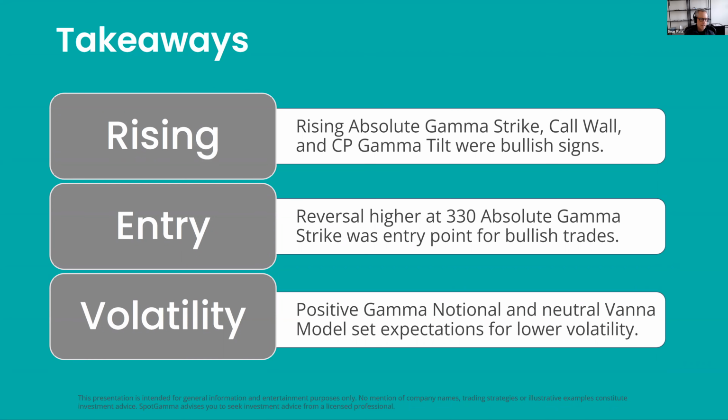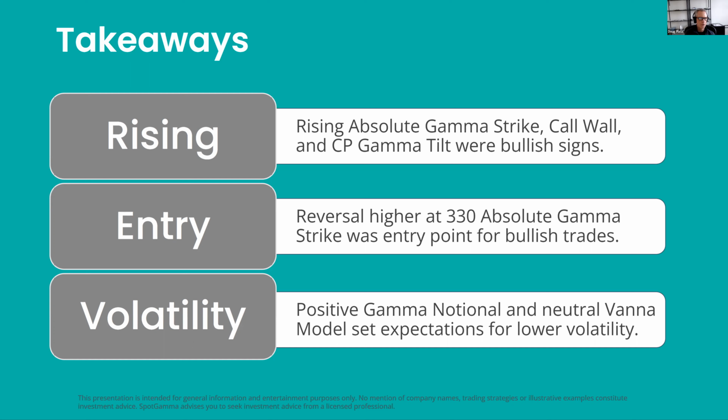So here are the key takeaways from this case study. First of all, the rising absolute gamma strike, call wall, and CP gamma tilt were all bullish signs, and that led to a directional bias in my planning. And again, I was looking for a bullish entry and watching the reversal higher at the 330 absolute gamma strike.